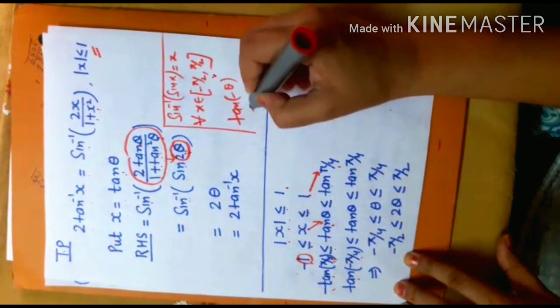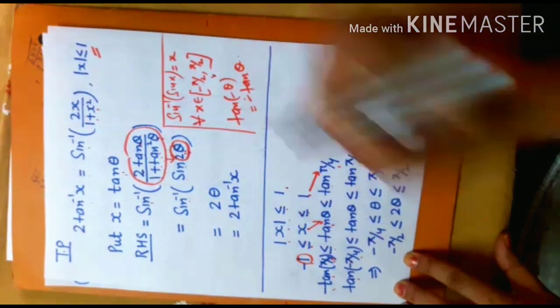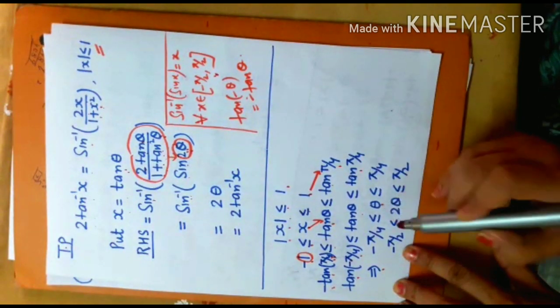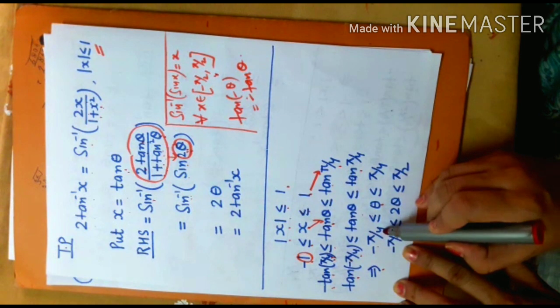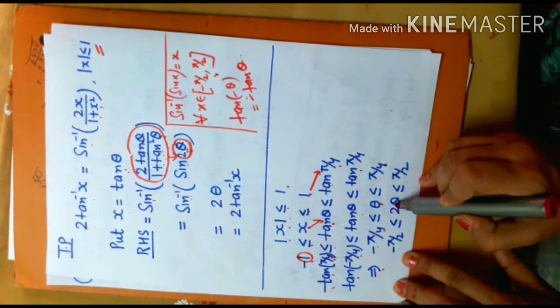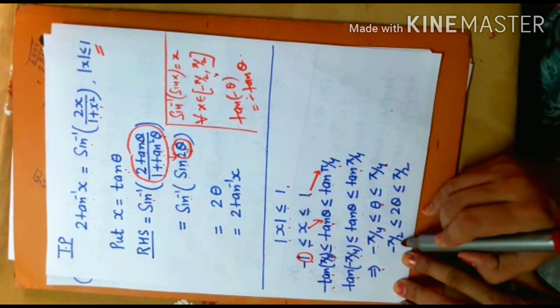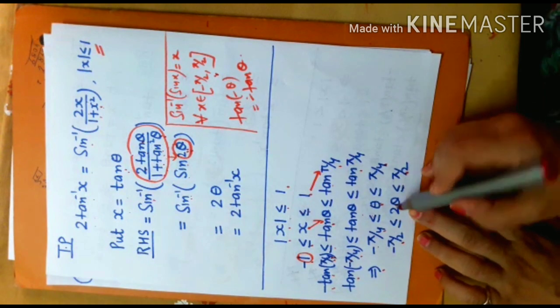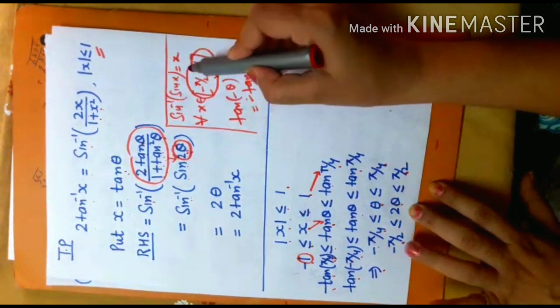Again tan of minus theta is minus tan theta. So I'll get this and this will imply that theta is greater than or equal to minus pi by 4 and less than or equal to pi by 4. So 2 theta will be greater than or equal to minus pi by 2 and less than or equal to pi by 2. That means 2 theta belongs to this interval.